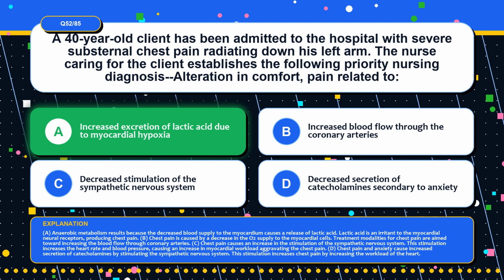Treatment modalities for chest pain are aimed toward increasing the blood flow through coronary arteries. C. Chest pain causes an increase in the stimulation of the sympathetic nervous system. This stimulation increases the heart rate and blood pressure, causing an increase in myocardial workload, aggravating the chest pain. D. Chest pain and anxiety cause increased secretion of catecholamines by stimulating the sympathetic nervous system. This stimulation increases chest pain by increasing the workload of the heart.